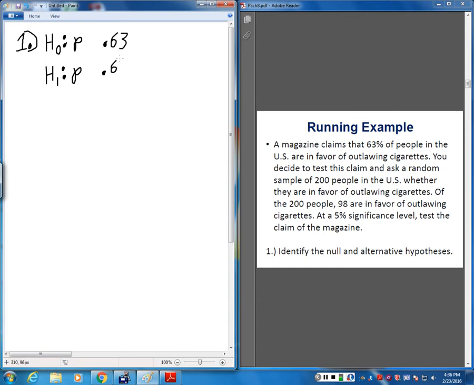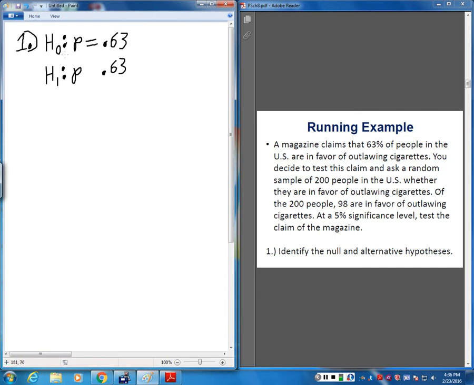The symbols and that number must be used in both hypotheses. The null hypothesis, H sub 0, always contains a statement of equality. Now, some textbooks insist upon this statement being an equals sign or symbol.